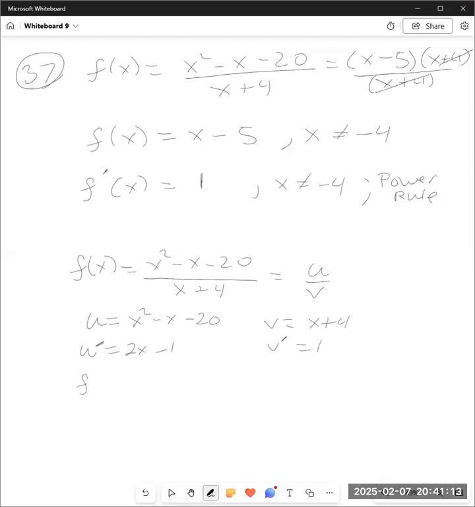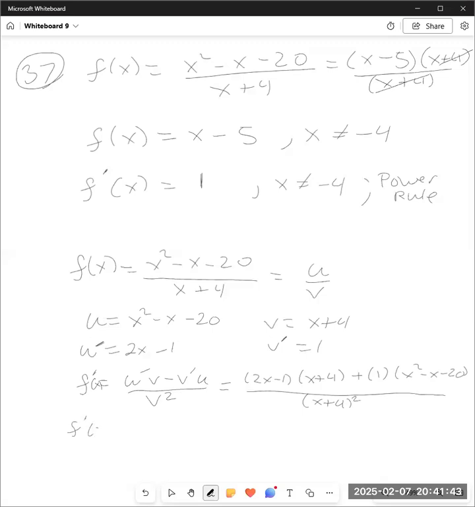F prime equal to u prime v minus v prime u all over v squared is 2x minus 1 times x plus 4 plus 1 times x squared minus x minus 20 over x plus 4 squared.